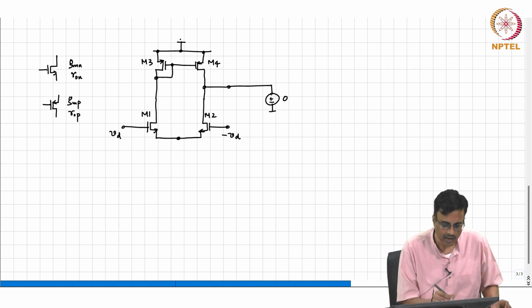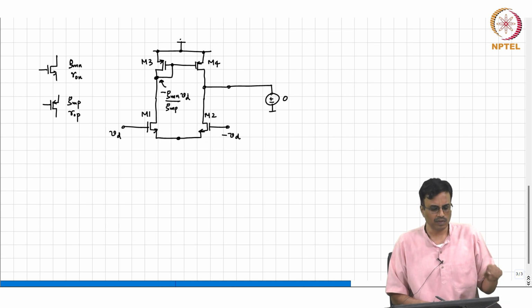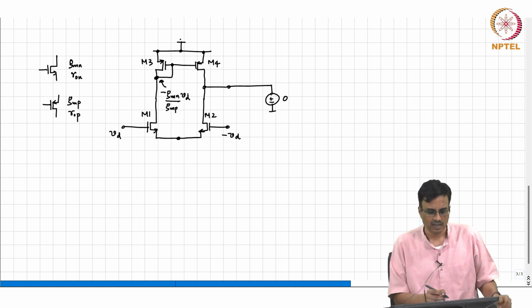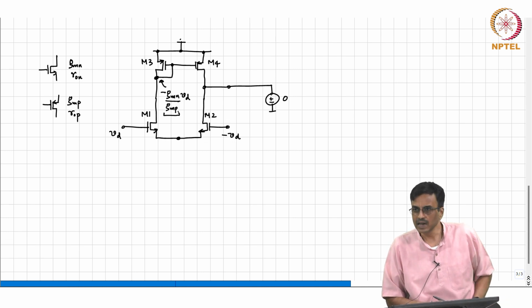So, basically, if you assume that, then you can see that this voltage is going to be approximately minus GMN by GMP times VD, right, which is of the same order as, what comment can you make about that quantity, folks? Roughly same order of magnitude, that is also going to be roughly about VD, okay.